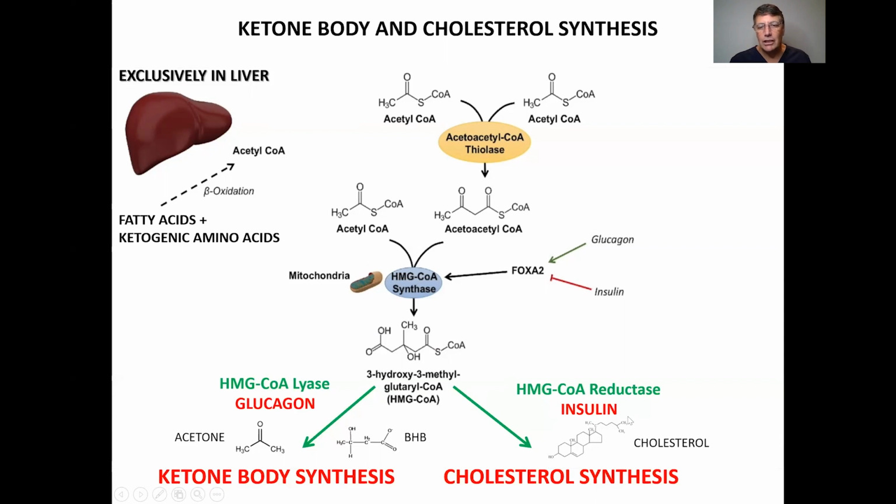Not only is the creation of cholesterol under the influence of insulin, but also the first step of the pathway, the enzyme of cholesterol downstream to the steroid hormones that govern metabolism, is also controlled by insulin. And it's controlled by insulin at a genetic level, where high levels of insulin reduce those enzymes. And again, as you can see here, glucagon triggers ketone bodies and insulin blocks that to a certain extent.